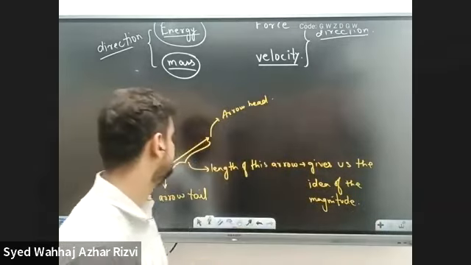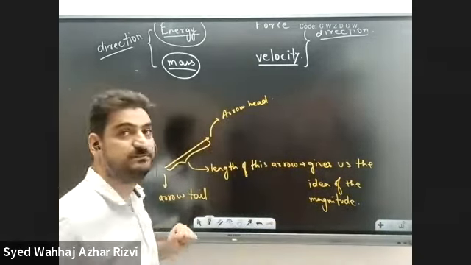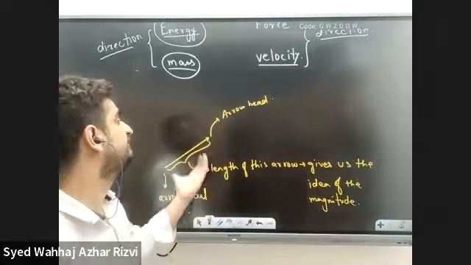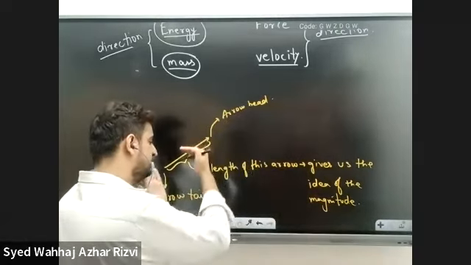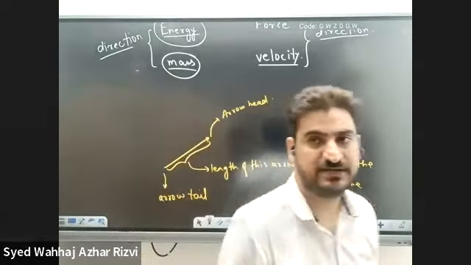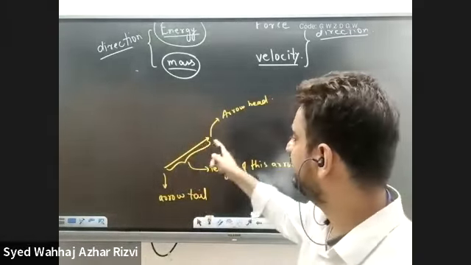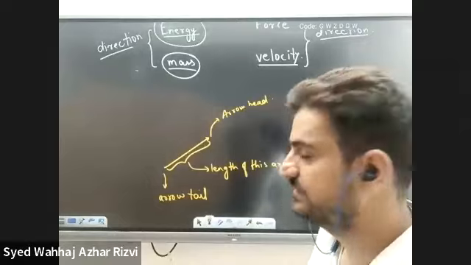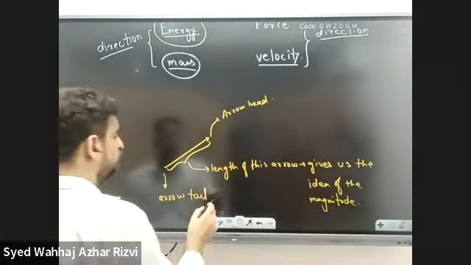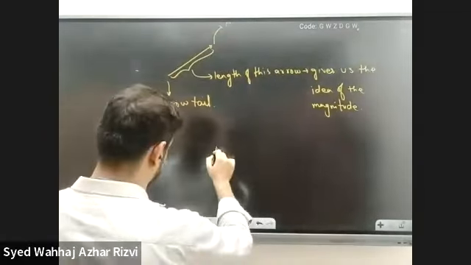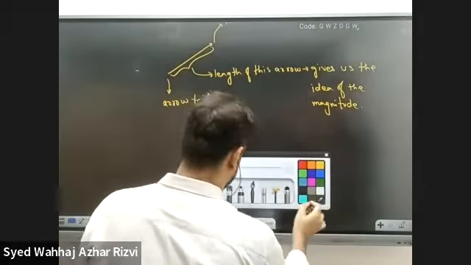If the arrow is longer, that means the vector has a higher value. If the arrow length is smaller, it means that the quantity has a smaller value. And then we have this direction, which gives us the idea of direction, and we usually use an angle to represent direction.